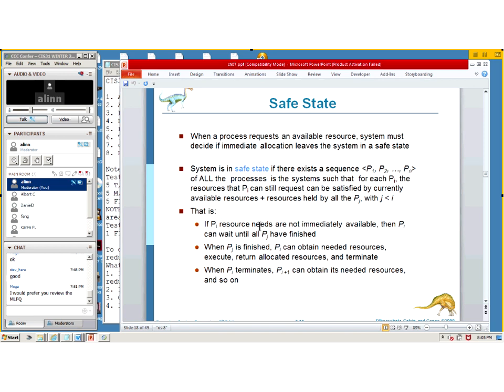It basically says if Pi's resource needs are not immediately available, then Pi can wait until Pj have finished. So there's a wait concept here: until another process releases what the other process needs, it can sit and wait. But the idea is that there is always a path for all processes to finally complete.